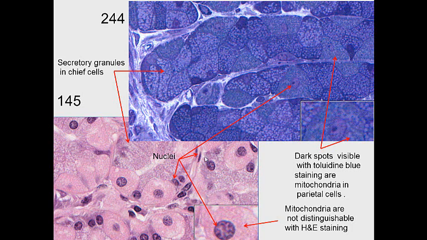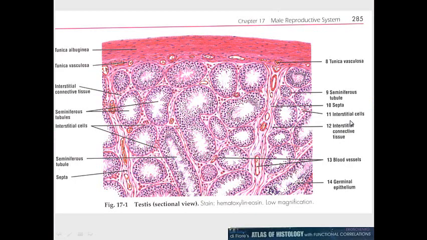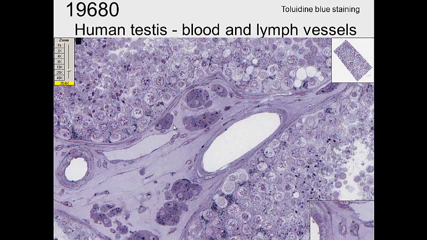And so here we see some nuclei. This is the nucleus of a chief cell, nucleus of the parietal cell, and a nucleus of a fibroblast that surrounds there. So the toluidine blue will let you see some cytoplasmic detail. In this case, we can see the mitochondria that we cannot see with H&E. The other tissue is the testis, and here we see the capsule, we see the seminiferous tubules, and in between there are Leydig cells that produce testosterone.